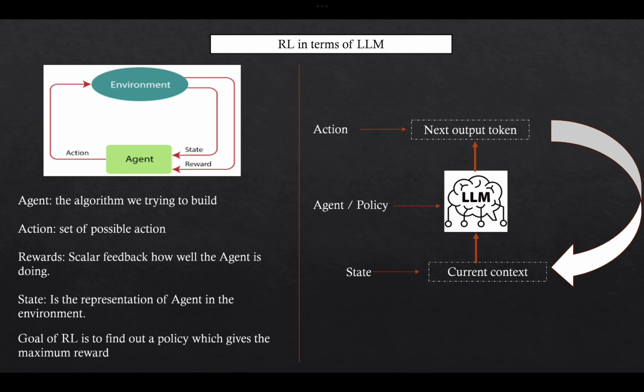By taking that action, the LLM will get a reward. Based on the preference or the training mechanism, it can get a positive or a negative reward based on the next token that has been generated. Once that is done, using a reinforcement learning algorithm, we do the weight updates of this LLM so that it is more aligned with human feedback.